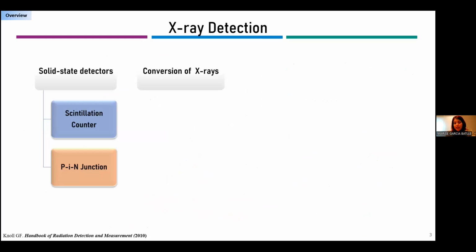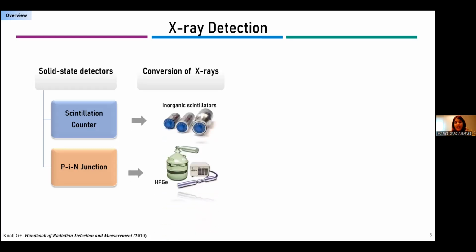The field of X-ray detection and radiation dosimetry, which is the science dealing with the design of these kinds of devices, is quite extensive as well. It's a complex interdisciplinary field. For that reason, today I only focus my attention on solid state detectors, because solid state detectors can be classified depending on how the conversion of X-ray into an electrical signal is made.